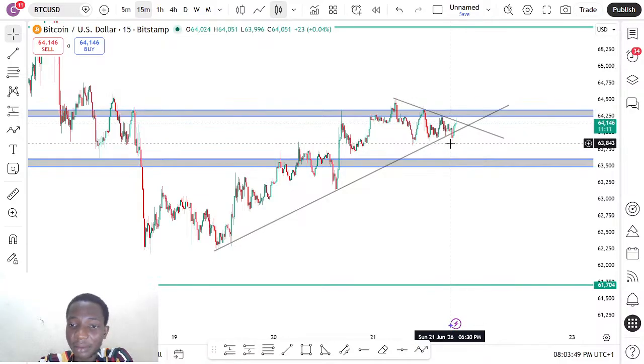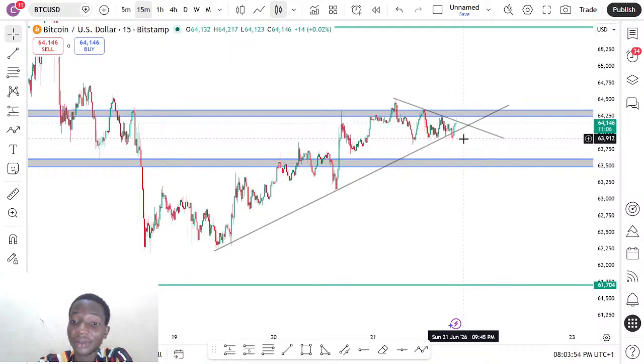Because when I saw this breakout here, I wanted to take a sell trade before.